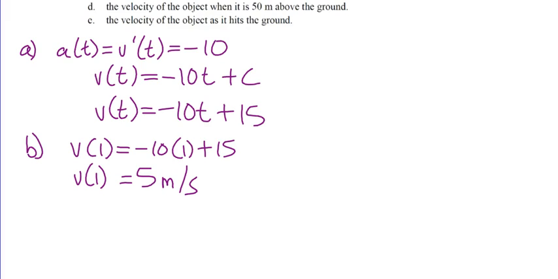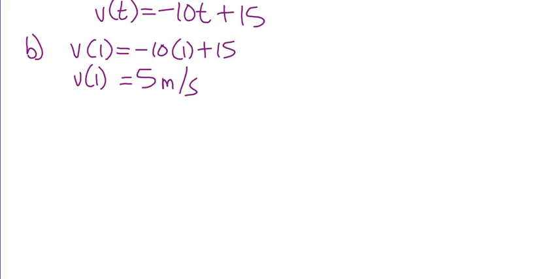It slowed down. It was initially going up at 15. All right, what's C? The maximum height of the object. When do we get the maximum height? Yeah, so when the velocity is 0, right? So we throw it up with an initial velocity, it's slowing down, reaches the velocity of 0, which means it's at its peak. It's going to start heading down.